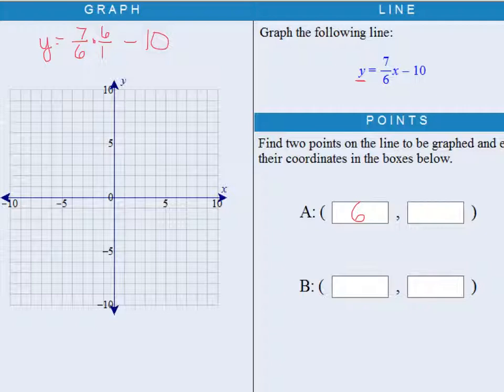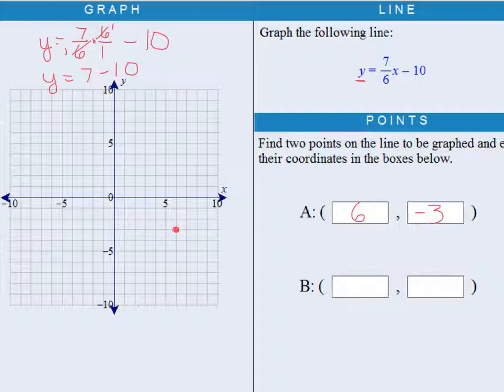All right, so what's nice about multiplying these is this 6 is going to reduce with this 6, and so all of that just becomes y equals 7 minus 10, which is a -3. So then I know that when I plug 6 in for x, I get a -3 back for my y. So that would be a possible point to plot. So over 6 down 3 would be right here.